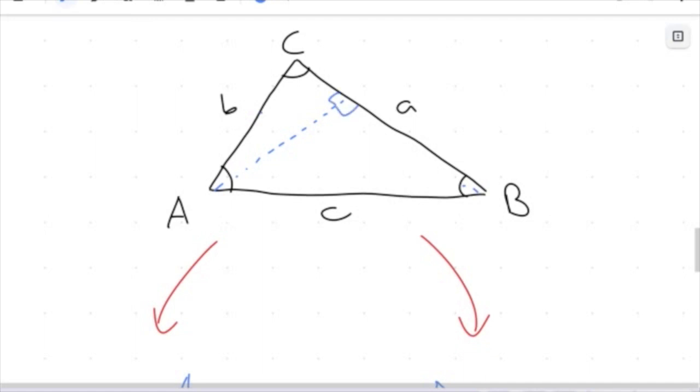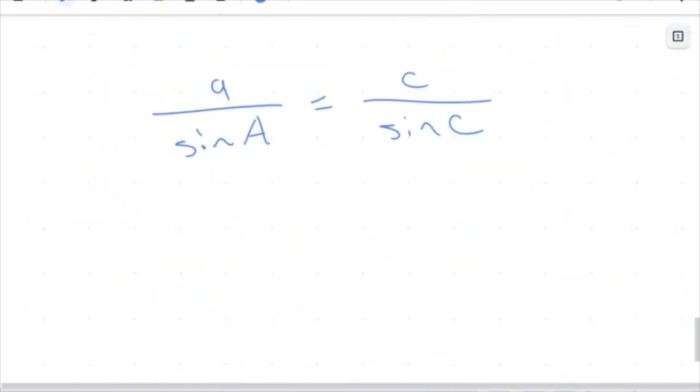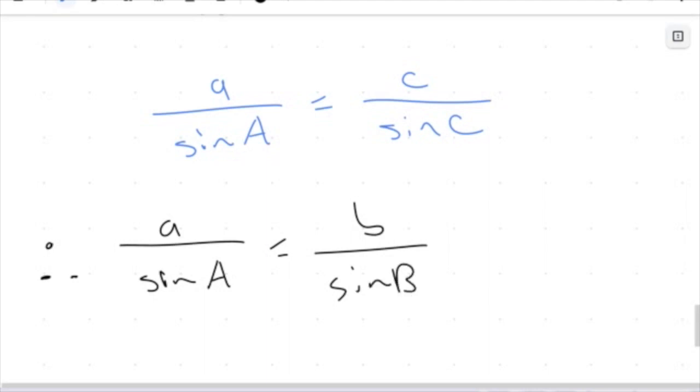So there's 3 different ways we can break up this non-right angle triangle into pairs of right angle triangles, using the same thing. So we can finally say, therefore, a over sine of A equals b over sine of B, which equals c over the sine of C.